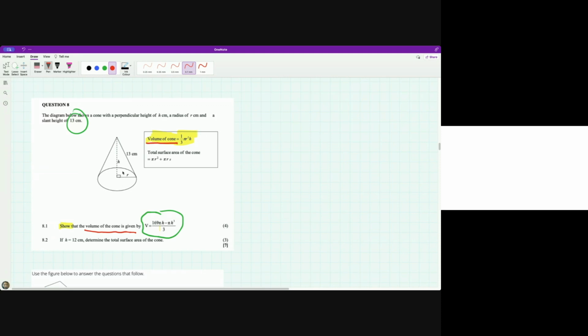Calculate r. Yes, if you could calculate r, let's have a look. Well, they don't give you anything except the slant height. I would totally say calculate r, but they don't seem to have it. So how about we just say 13 squared is equal to h squared plus r squared by Pythagoras, because there doesn't seem to be too much else.